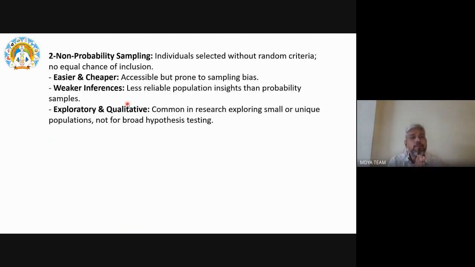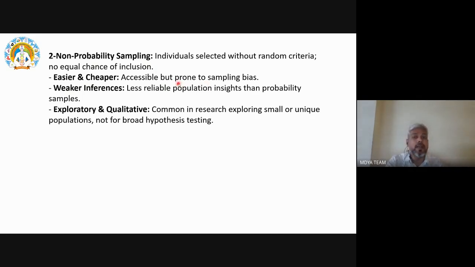Now, the second type of sampling is non-probability sampling. So non-probability sampling means individuals are selected without random criteria, no equal chance of inclusion. Probability sampling gives equal chance to every member of a population, and non-probability is not giving equal chance of inclusion, right? What a non-probability sampling has as a characteristic, it is easier and cheaper, accessible, but prone to sampling bias.